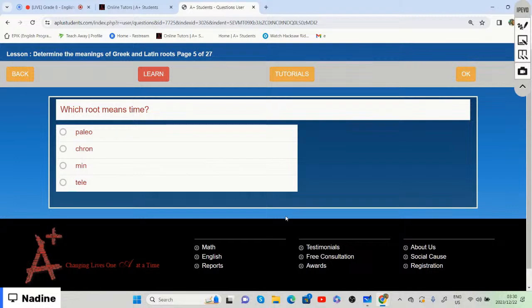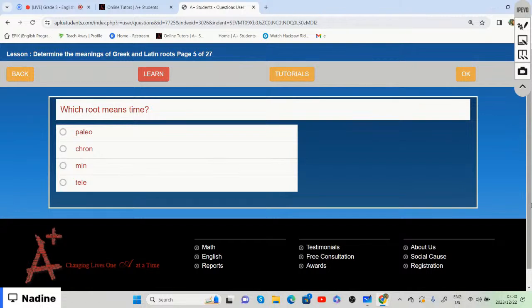So which root means time? So the root that means time. Is it paleo, cron, min, or teller?